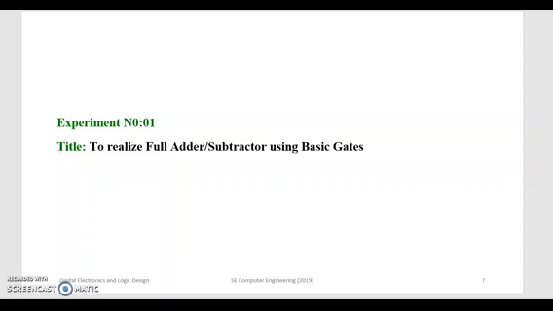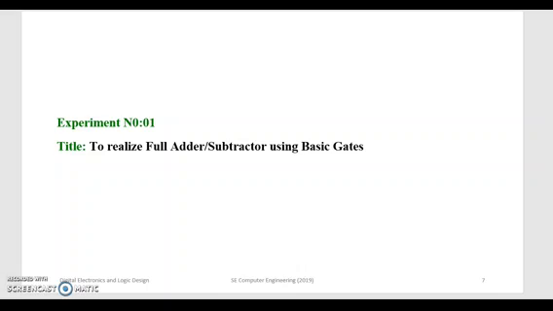You are all very aware of what the symbol of each gate is and what the truth table for it is. Now with the help of those basic gates, we are going to design and realize a full adder and a full subtractor.